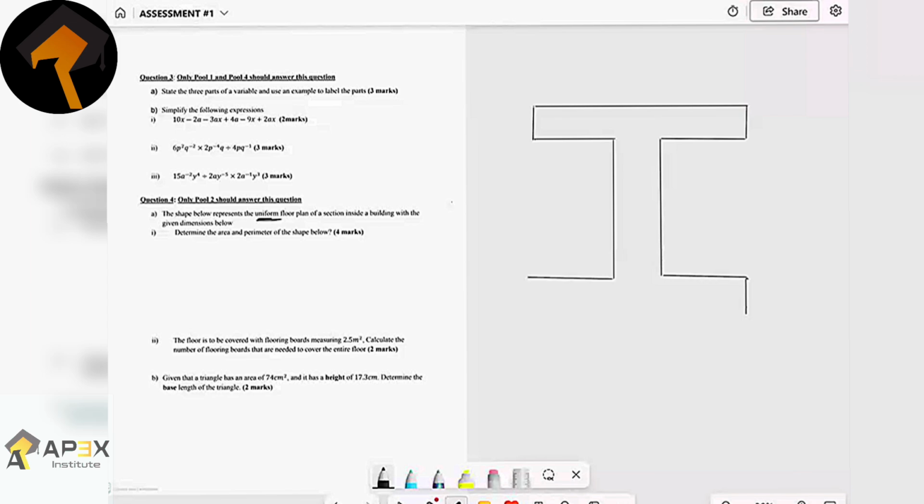Okay, guys, work with me. All right, so it's not perfect, but essentially this is the idea of what they were looking at. Essentially, this is what we're looking at, right?